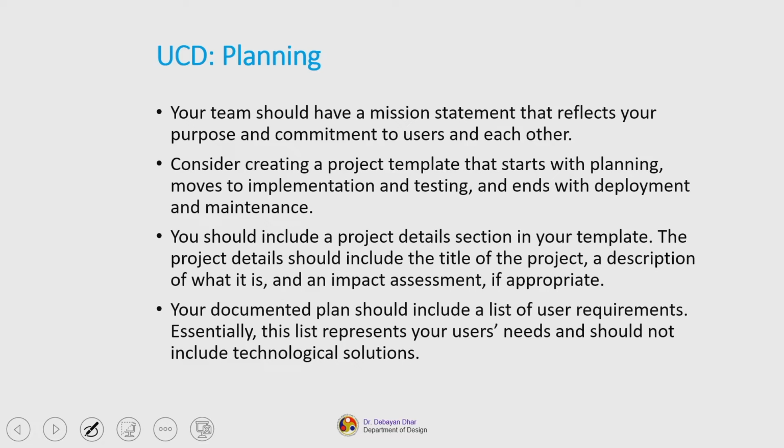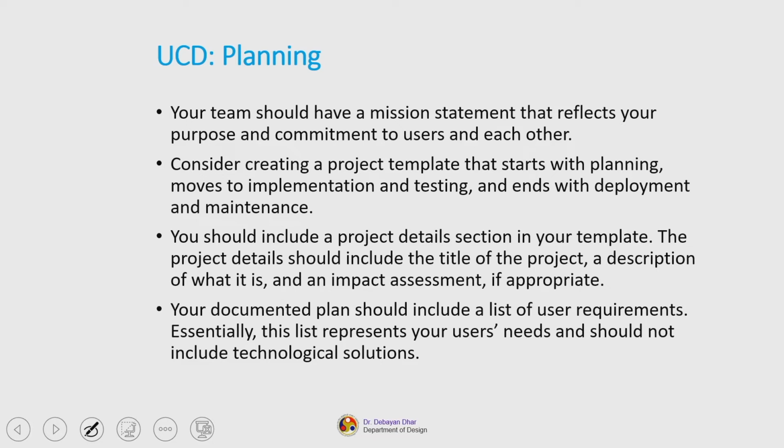Some important aspects that must be considered are: your team should have a mission statement, and this mission statement should reflect your purpose and commitment to users and each other. You must consider creating a project template that starts with planning and moves to implementation and testing, and finally ends with deployment and maintenance.